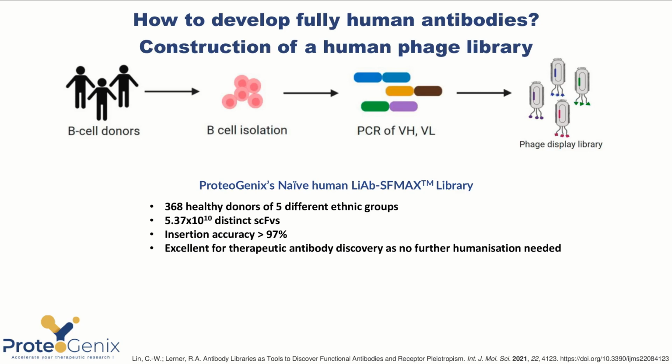This has allowed us to obtain an exceptional library with over 5 times 10 to the 10 unique antibody fragments, with an insertion accuracy of over 97% of the sequences into the phagemids, thus providing a great source of therapeutic antibodies for which no humanization is necessary.